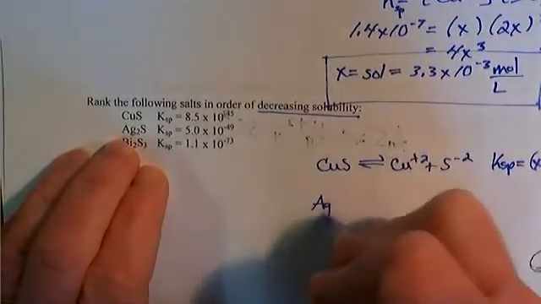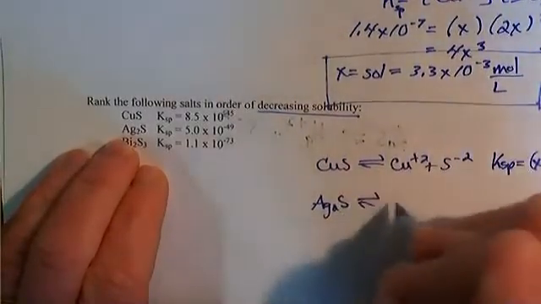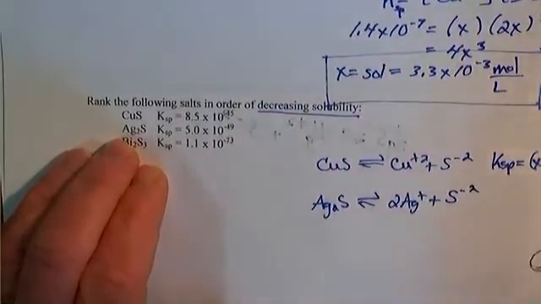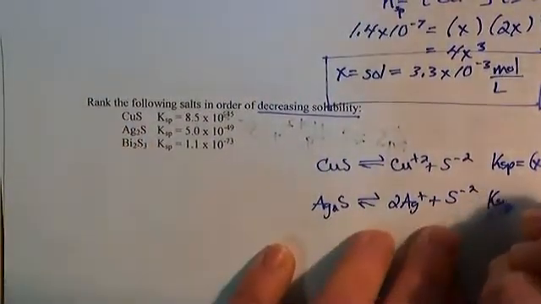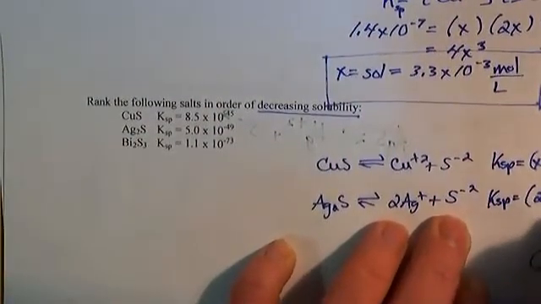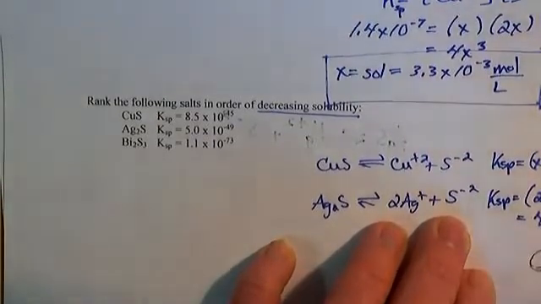For our silver sulfide, we have 2 silver ions for every 1 sulfide. So then our Ksp is going to be 2x squared times x, and so this will be 4x cubed.